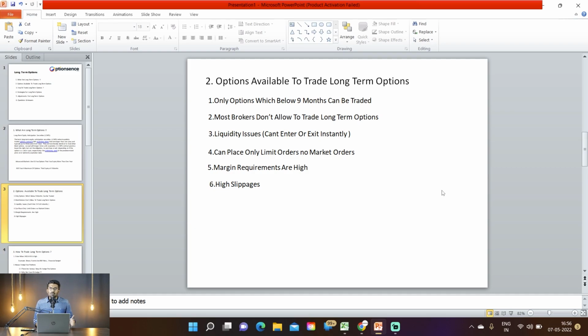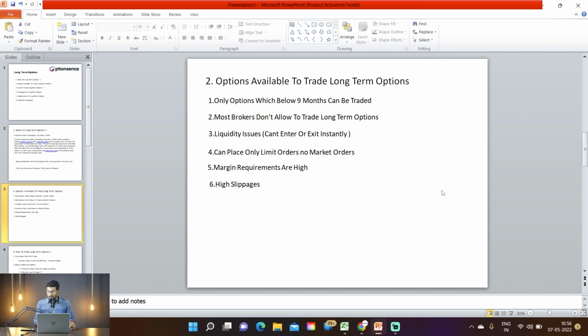Now when it comes to long-term options, let us say that same 100 rupees call option you are selling, you cannot place a market order. You have to place a limit order only. That means you will have to place orders maybe for 100 rupees, 101 rupees, 102 rupees or 105 rupees, 99 rupees, 97 rupees, 95 rupees.